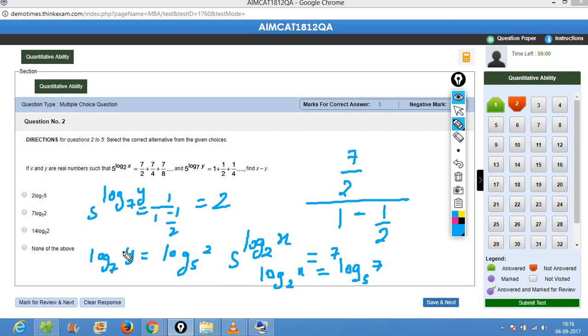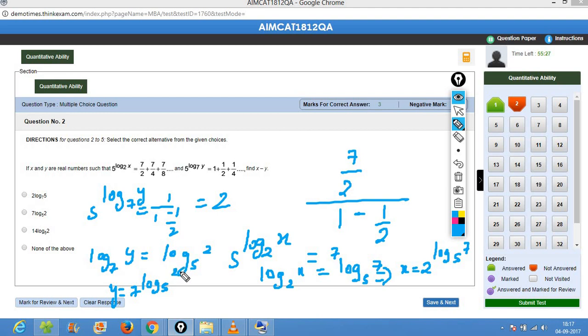Let's see, x is equal to 2 raised to the power log. This is getting confusing. Fine, let's see. This value comes out to be y is equal to 7 log 5 2. This is x, this is y. What I have to find out is x minus y. So this minus this.